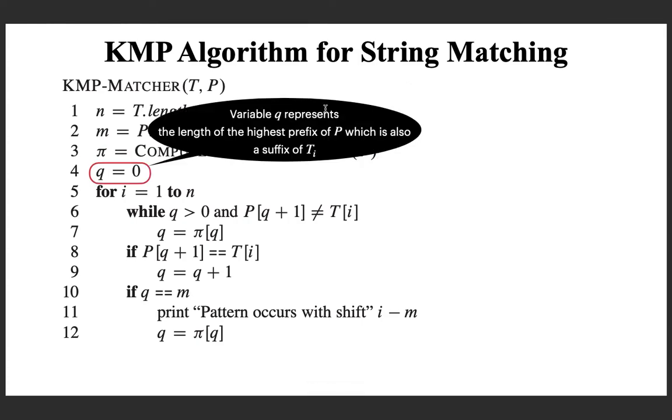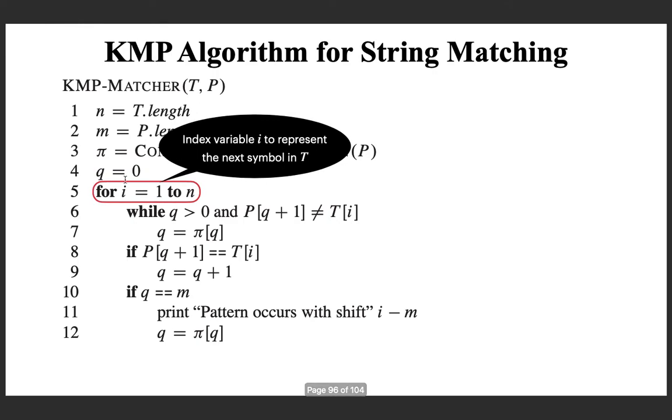Now what is q? A variable representing the length of the longest prefix of P which is also a suffix of the processed part of the input text. So you are going to start processing the input text from index 1 to n.